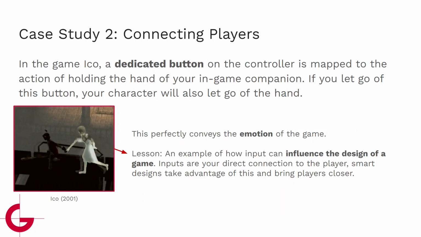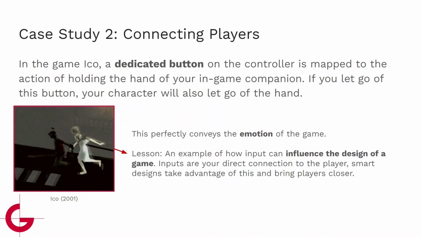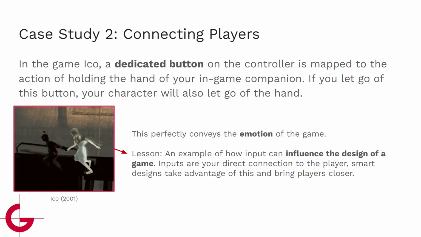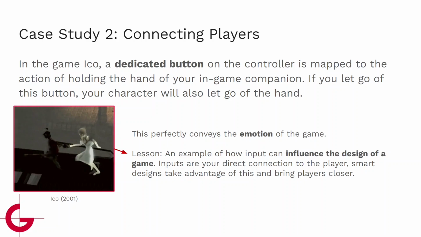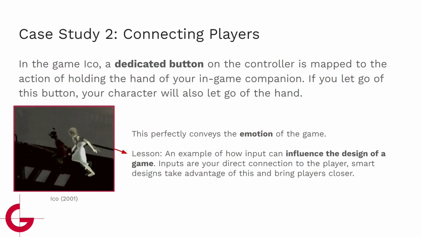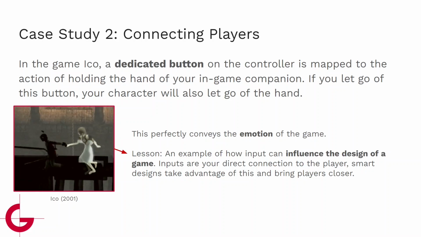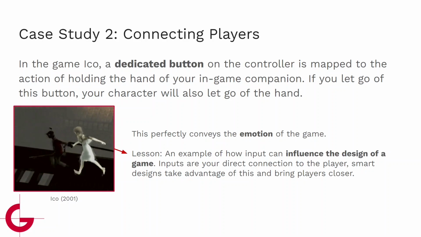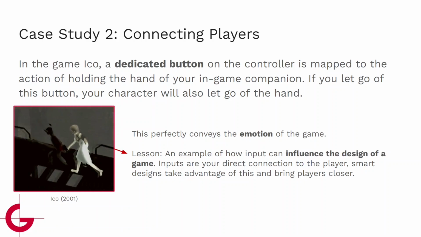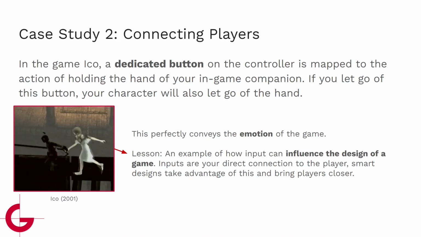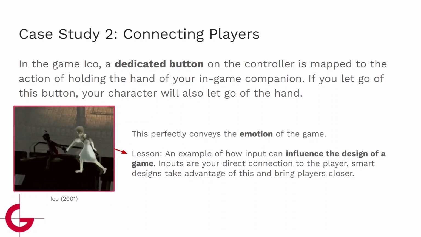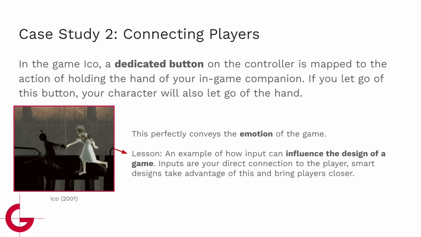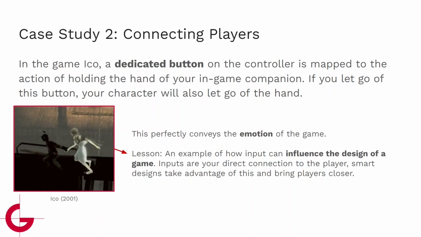And the second case study that I'd like to talk about is also a very interesting game. This is Ico, or Ego, not sure how to pronounce it, but it's basically a game where you have an in-game companion, and you have to protect this companion of yours. There is a dedicated button on the controller that is mapped to the action of holding the hand of your companion. And if you let go of this button, your character will actually let go of the hand.